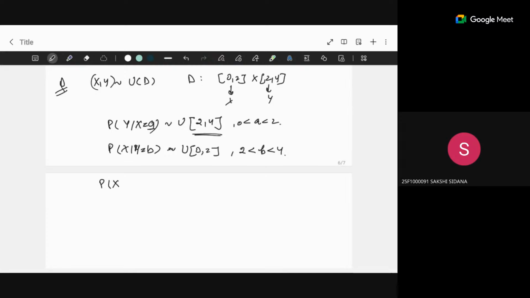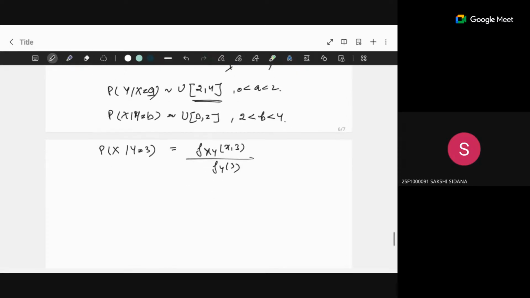So it is probability of x given y, which is f of x, y divided by f of y, correct? First you will find the joint PDF, then you will find the marginal, then you will put the values of y there and find the value. Got the point? No, ma'am, it is again the conditional.